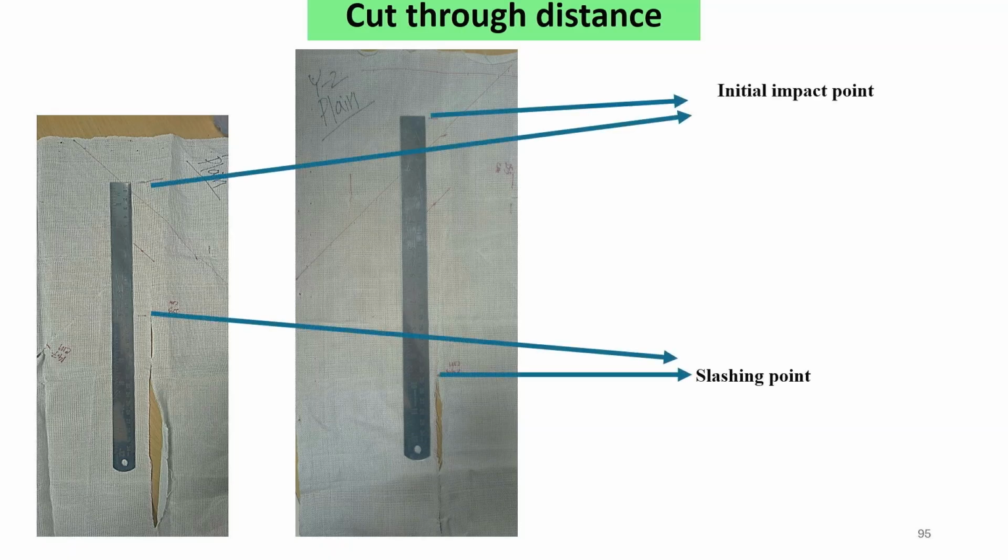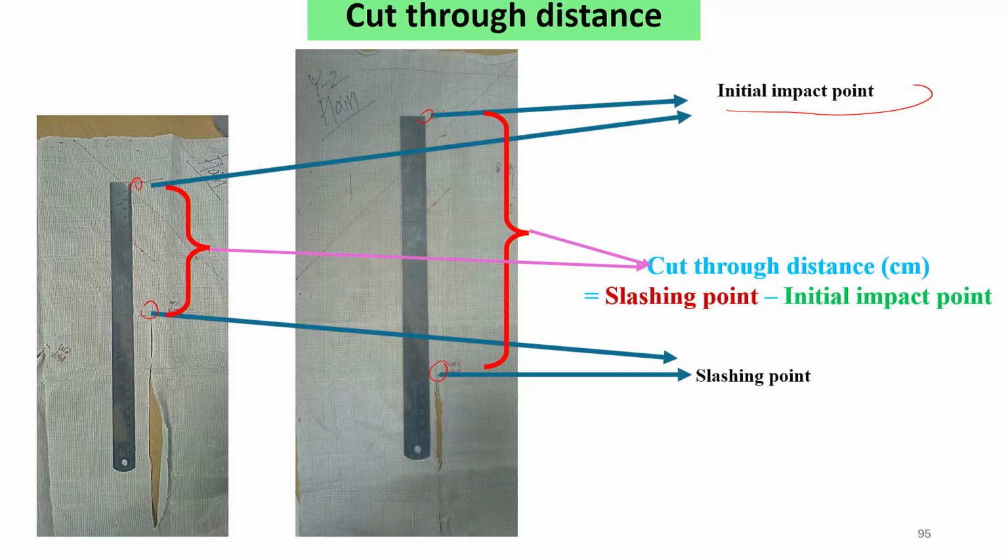Now, here is the initial impact point, and here is the slashing point for this fabric. The distance between the initial impact point and the slashing point is known as the cut through distance.